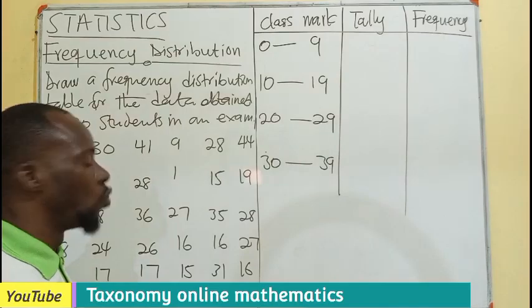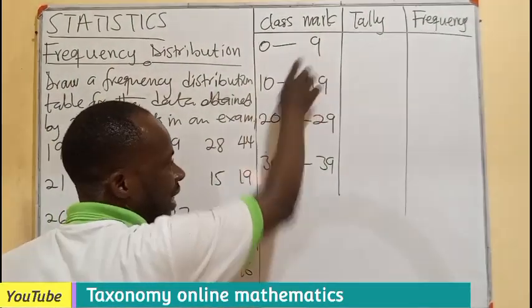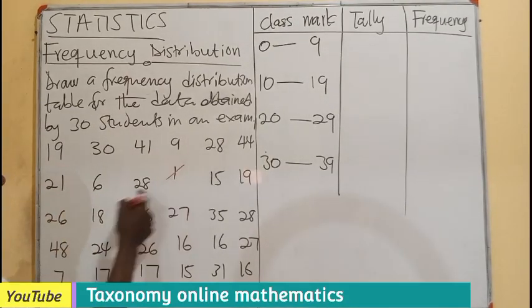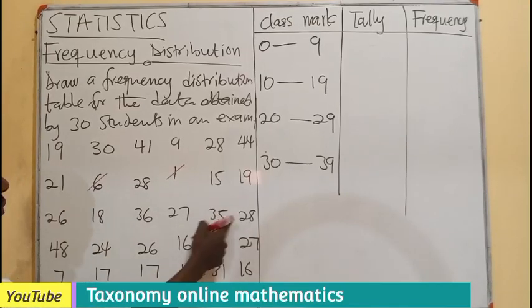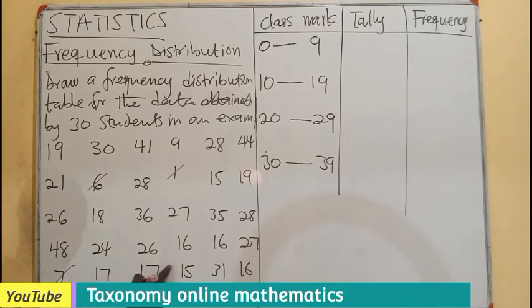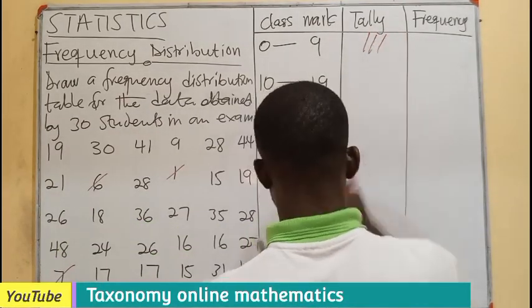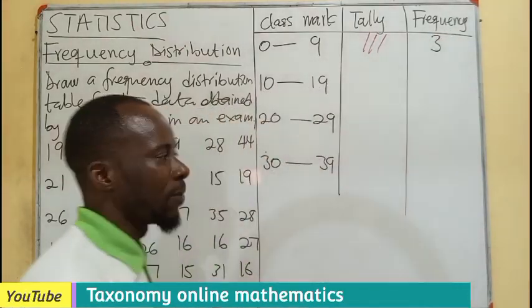So the next thing to do is to begin to look out for the data that are in this range. So I have all the way 1, 2, 3. So I'll have my tally 1, 2, 3. Then I have the frequency to be 3.